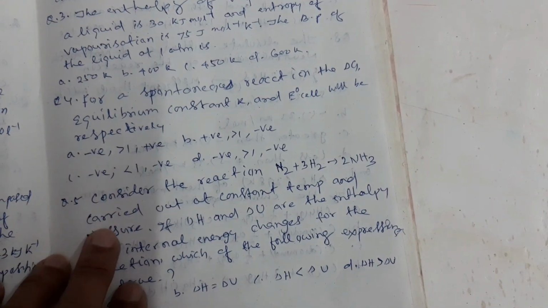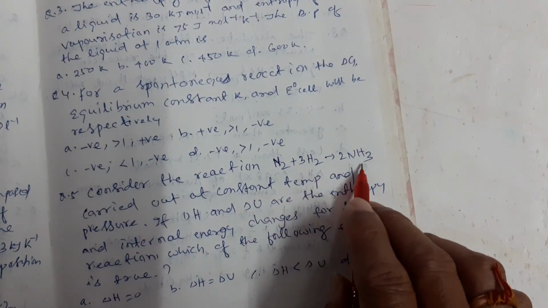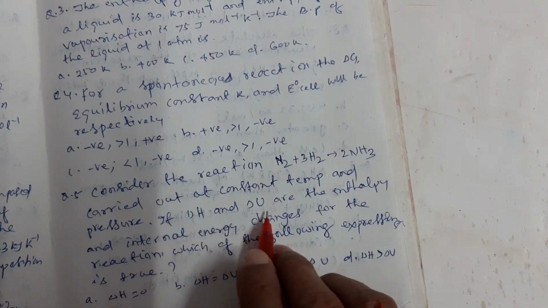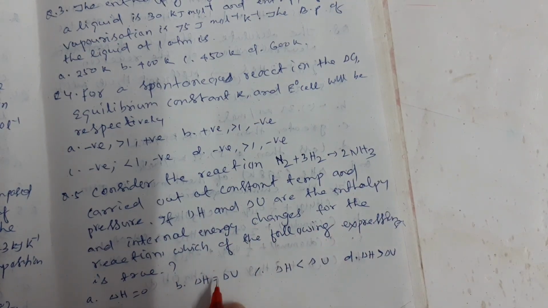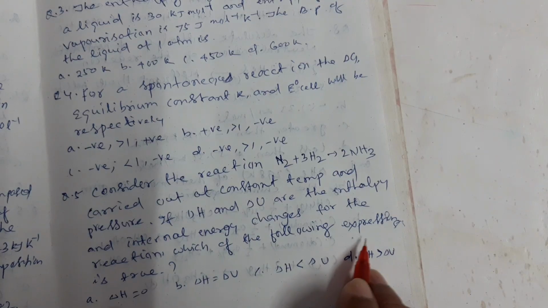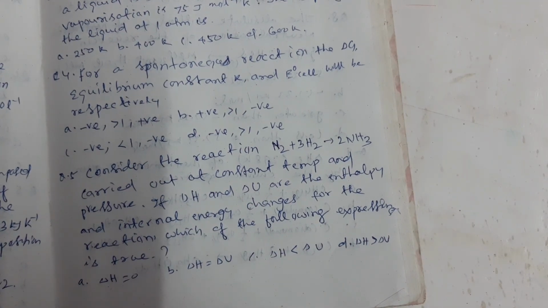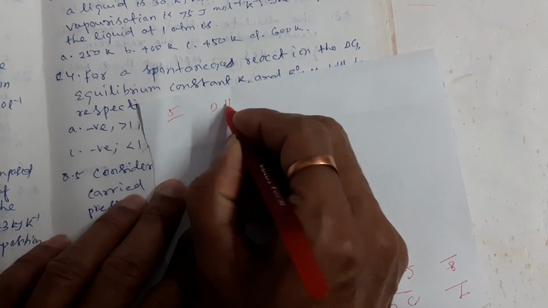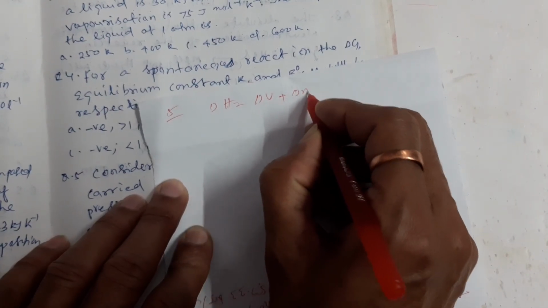Next, consider the reaction nitrogen plus 3H2 giving ammonia, carried out at constant temperature and pressure. If delta H and delta U are the enthalpy and internal energy change for the reaction, which of the following expressions is true? Question number 5: your relation is delta H is equal to delta U plus delta n RT.